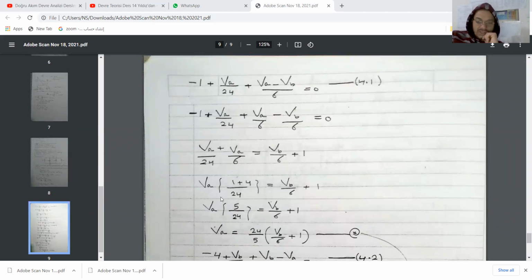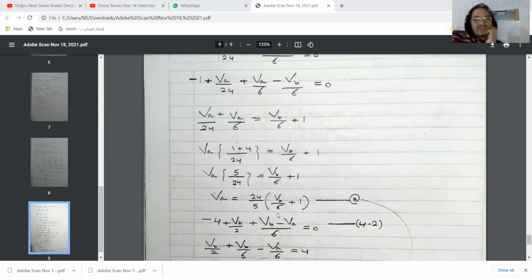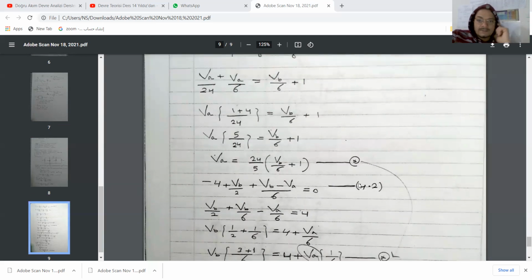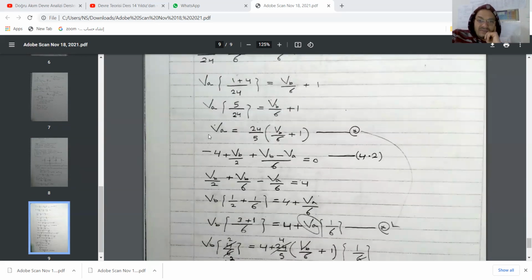VA will equal 24 divided by 5 times VB divided by 6 plus 1. Here, from equation 4.2, minus 4 plus VB divided by 2 plus VB minus VA divided by 6 equals 0. Here we have the VA equation. We can calculate the VB equation from this value.